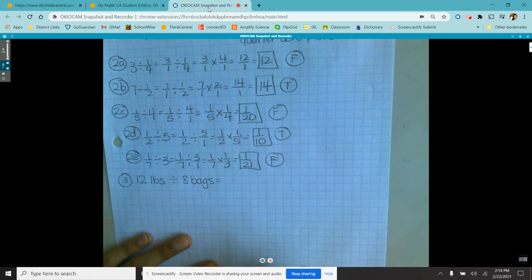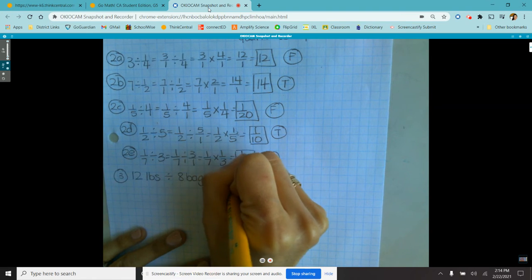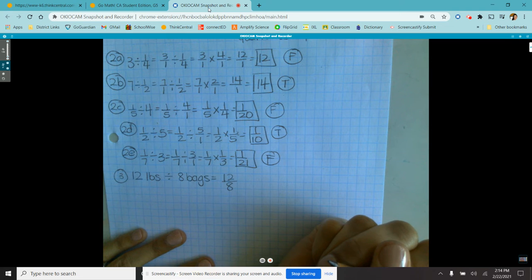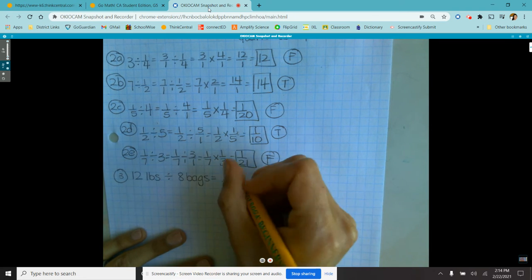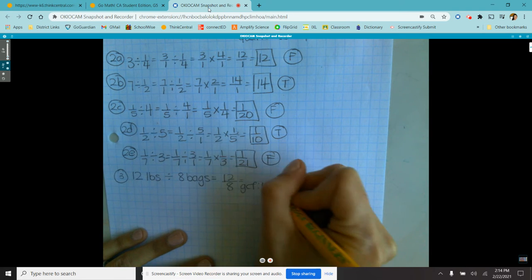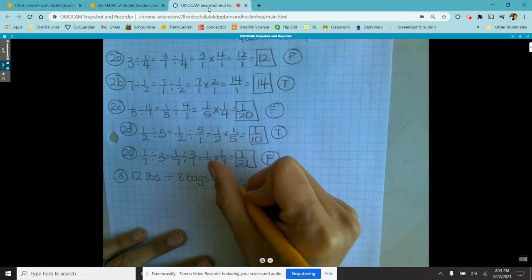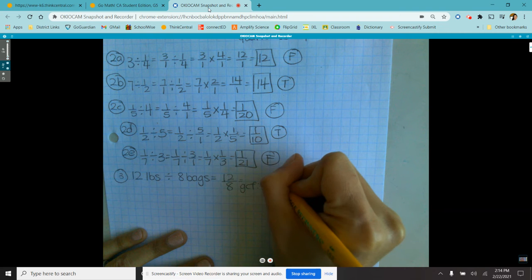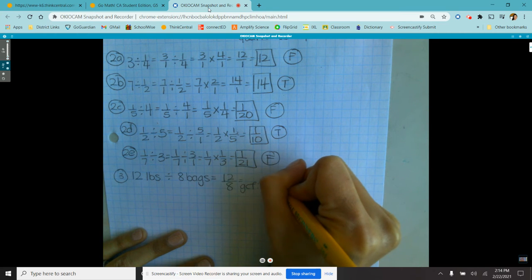So in this case, I can put my information as a fraction. And I can reduce. I'm first going to divide by a GCF of 4.